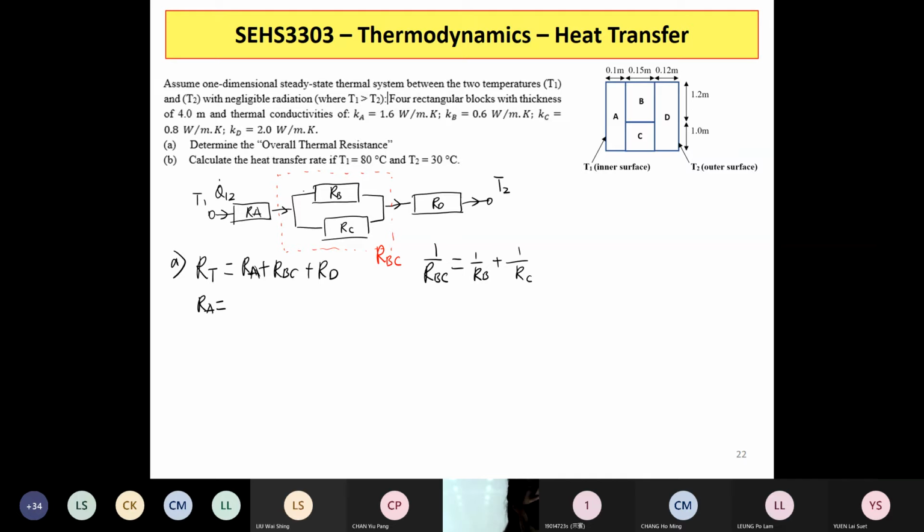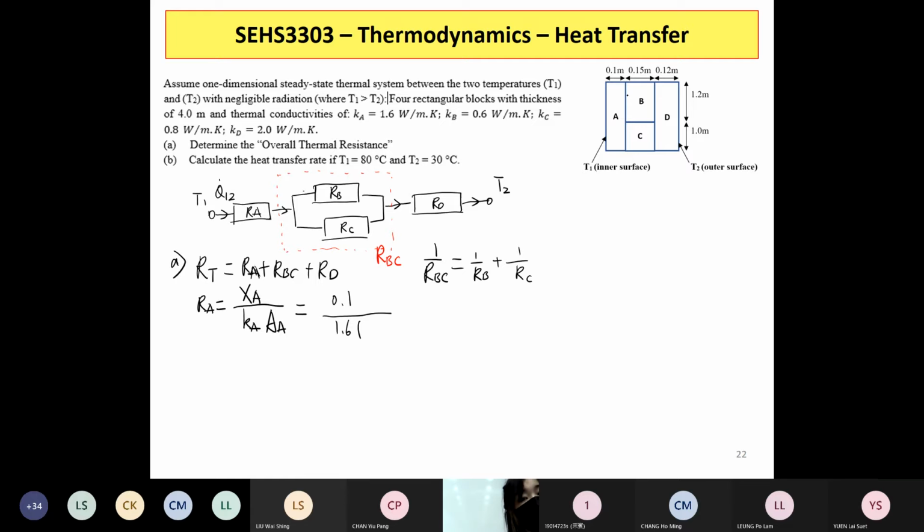RA, for conduction, the thermal resistor equals XA divided by Ka, the conductivity, times the area, right? XA equals what? XA should be 0.1 meter. So 0.1. Ka is our known value.